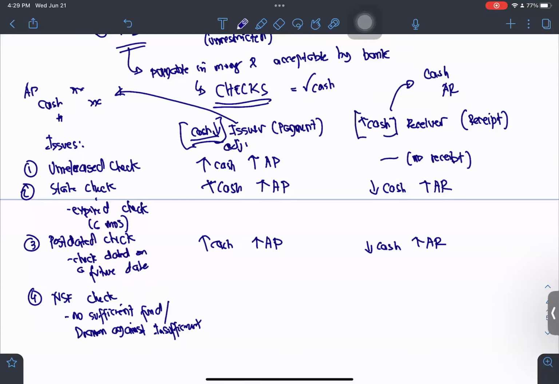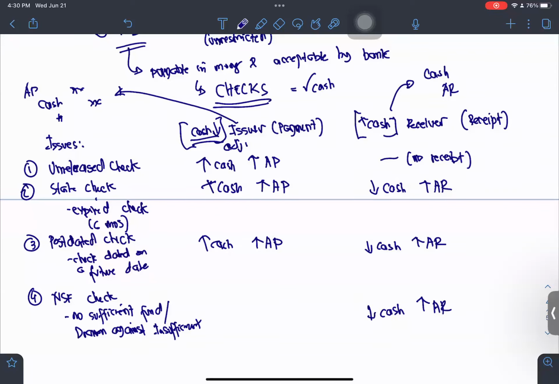Why is it not part of cash? Because here, on the part of the receiver, you receive a check na wala namang laman. So since wala namang laman yung bank account nung nagbigay ng check sa'yo, it means that hindi mo yun pera. Since hindi mo siya pera, you need again to decrease your cash and increase your AR.